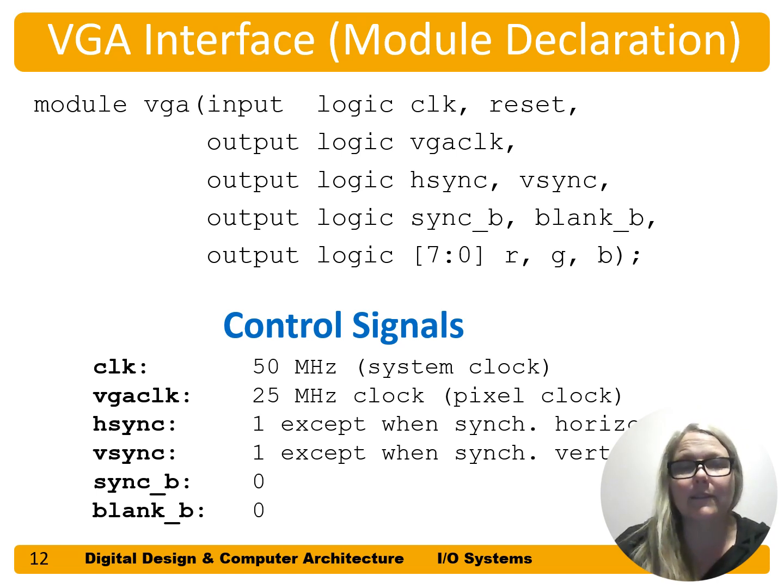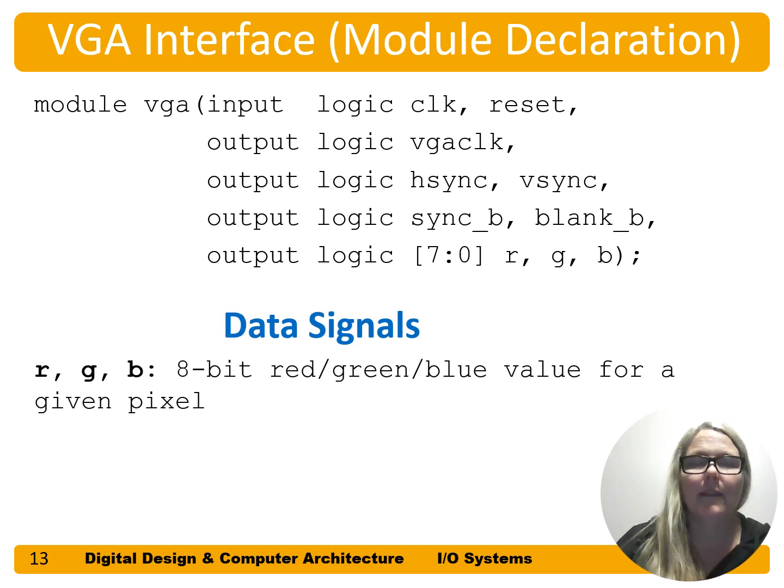So the control signals for the system are the clock. That's our 50 megahertz system clock. Like I said, the 25 megahertz pixel clock that we're going to generate, and then the synchronization signals. The data signals are the ones that we're going to manipulate. So those are the important ones that we're going to drive as the output.